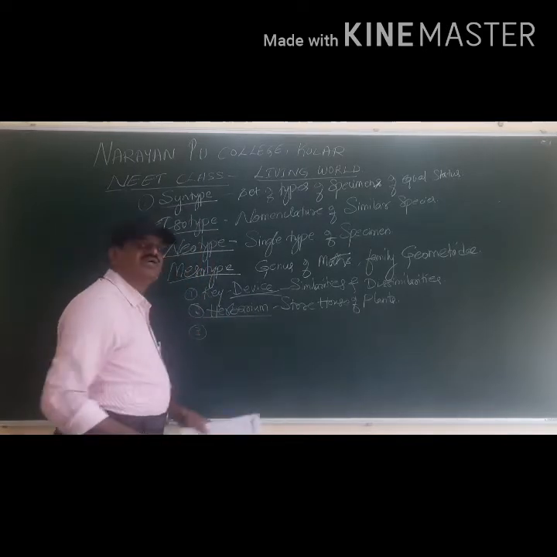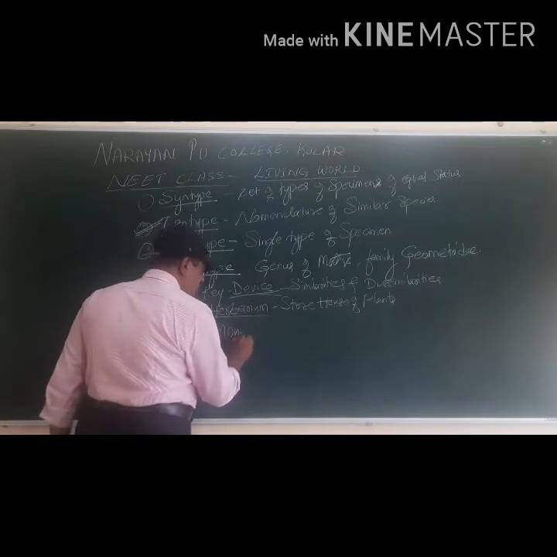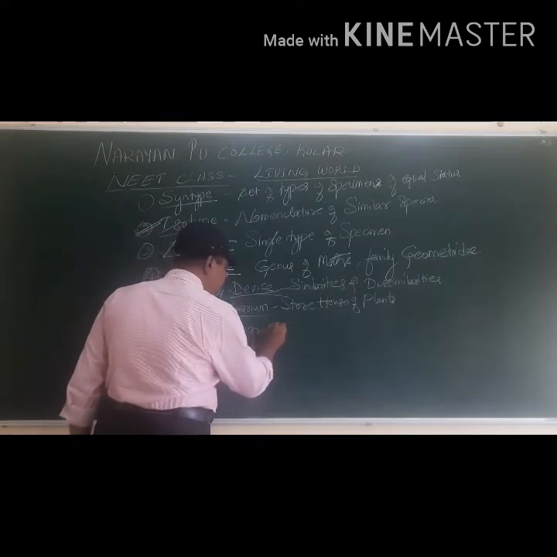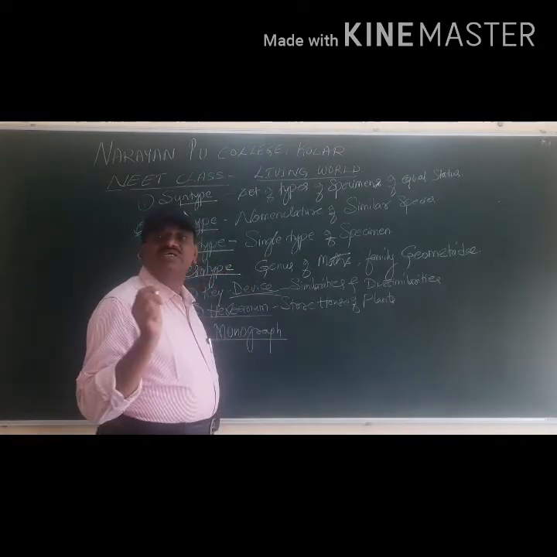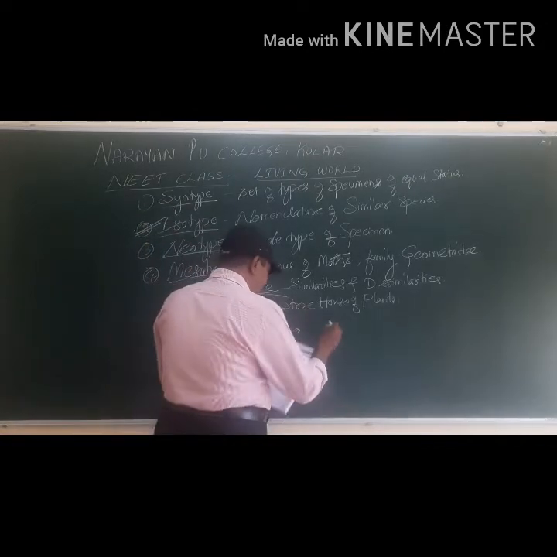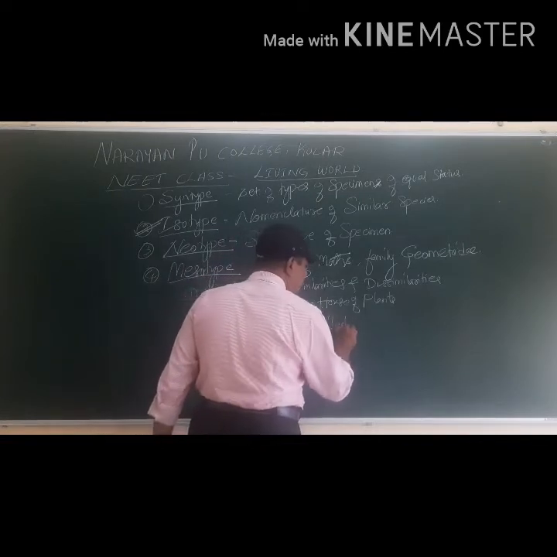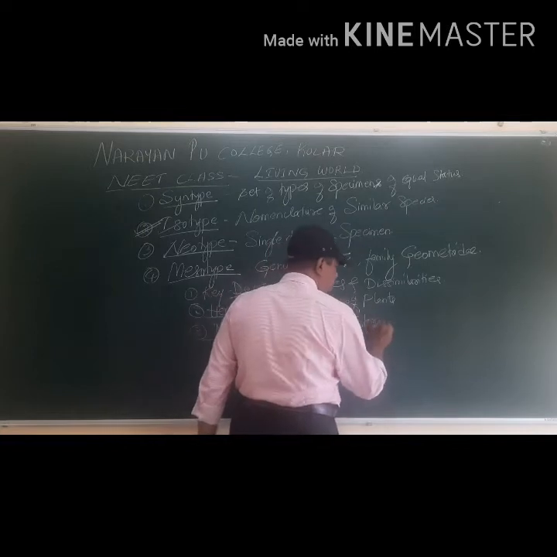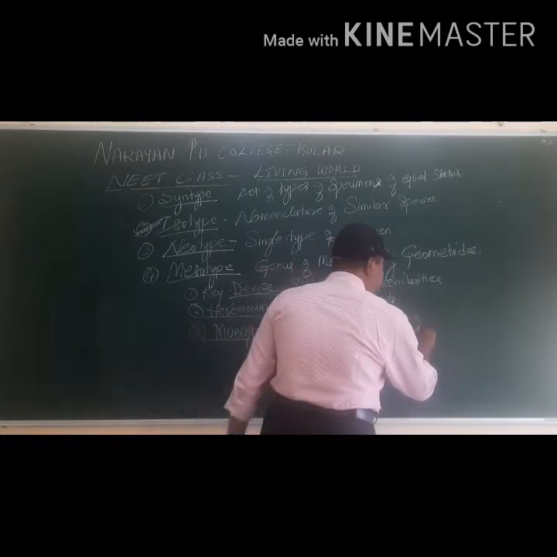So we go for the third one. It is called monograph. This monograph is nothing but detailed information of one particular taxonomic species.